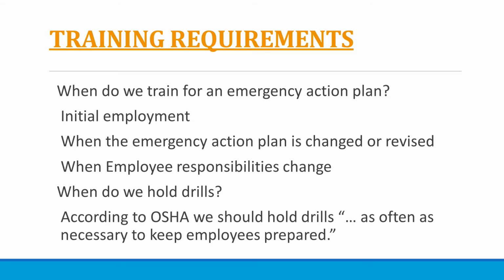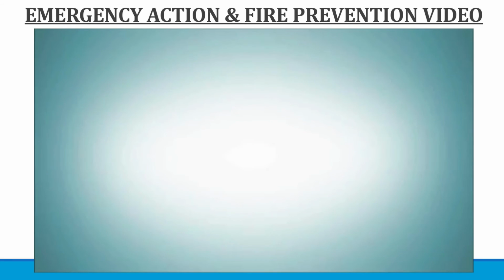OSHA requires that we hold these drills as often as necessary to keep employees prepared. So this is a performance type standard. You may be able to do it one time and know exactly what to do and how to do it. You may have to do it multiple times a year. It's important that we know what to do and that we develop muscle memory and a mental outlook on how to do these things correctly, right?